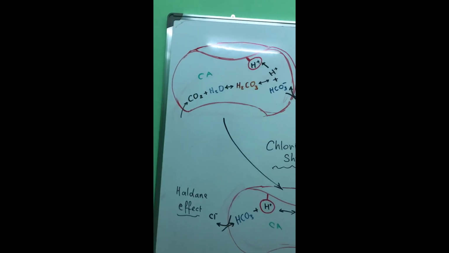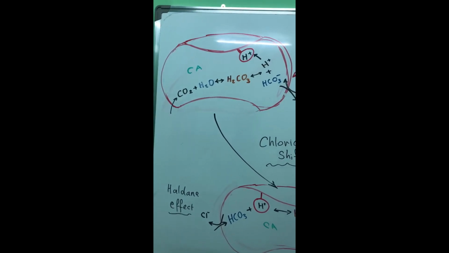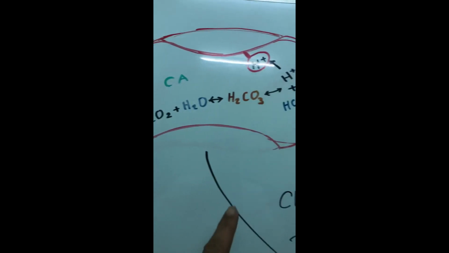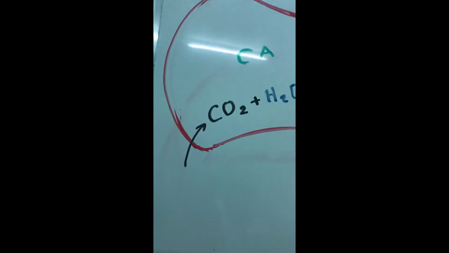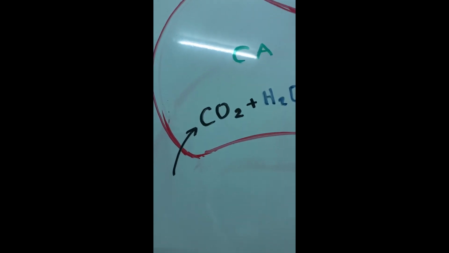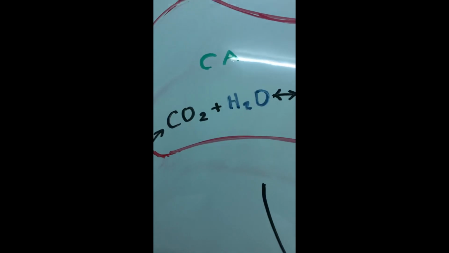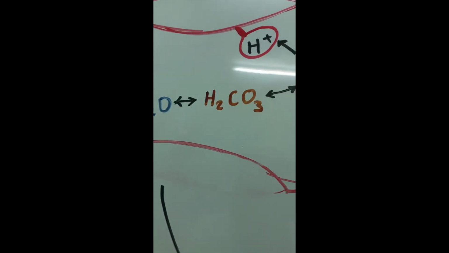Now here we will describe two mechanisms related to carbon dioxide transport. The first one is the chloride shift. In the peripheral tissue, here you see the RBC, which has a biconcave disc shape. The CO2 diffuses inside the RBC and combines with water. This will produce carbonic acid, H2CO3.